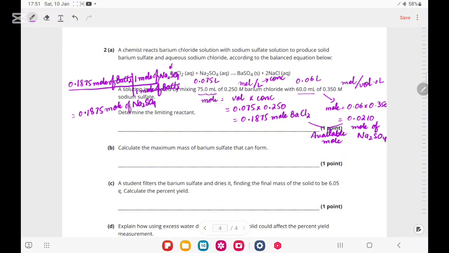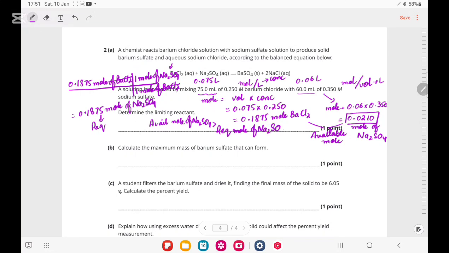So these are required moles. You can compare the required moles with the available moles of sodium sulfate. So if you see, the available moles of sodium sulfate are greater than required mole of sodium sulfate.